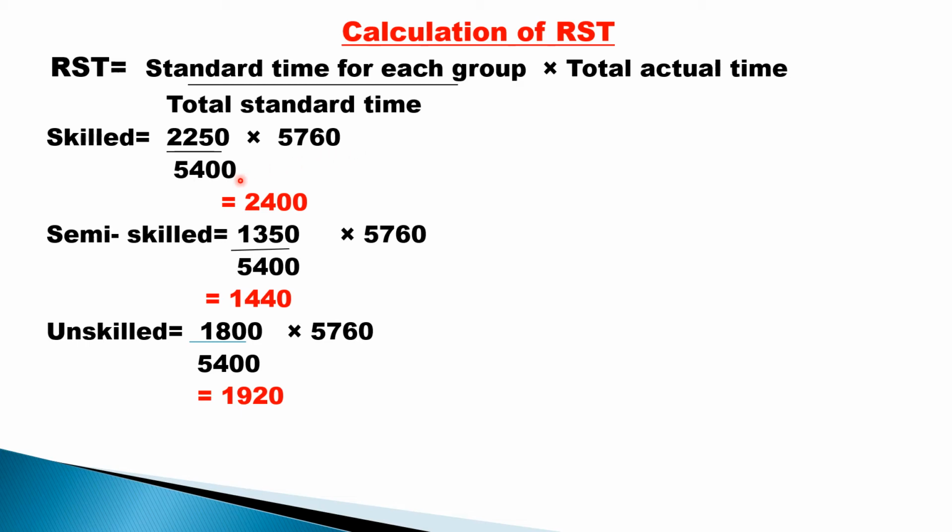So 5400 and 5760 is already found in the previous slide. So you get RST for skilled 2400. The semi-skilled standard time is 1350 divided by total standard time into total actual time. You get 1440. Unskilled RST 1800 standard time divided by 5400 into 5760, you get 1920.